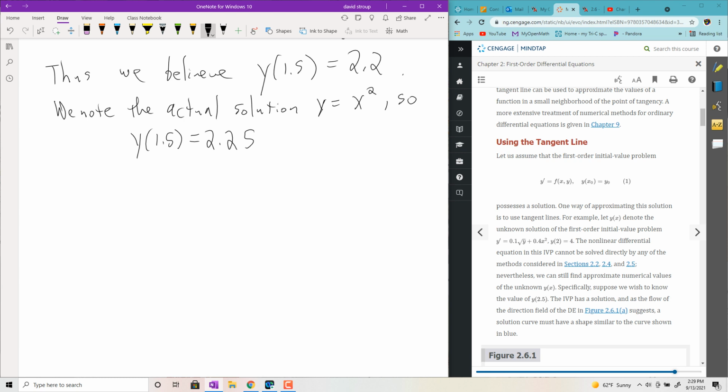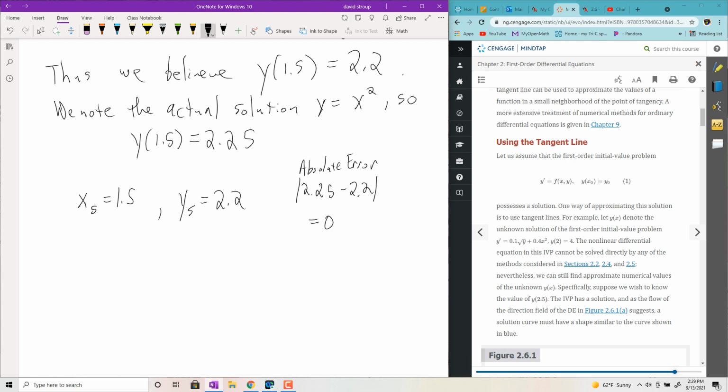The two things that we need to work with for our answers in WebAssign would be absolute error and relative error. So in this last step, x sub 5 we found is 1.5, and y sub 5, our approximation, was 2.2. The absolute error is going to be the absolute value of the actual answer, 2.25, minus our approximation.